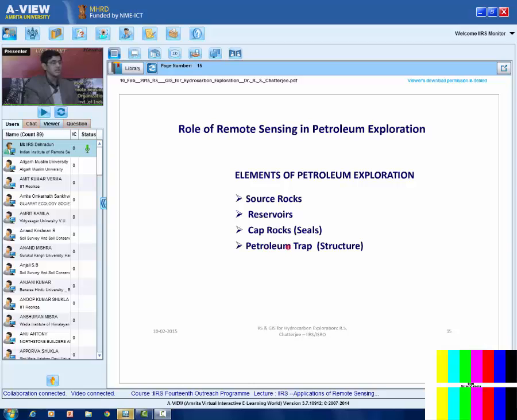If you don't get this geometrical configuration, then it cannot accumulate in a large volume. That is why some geological structure or some very typical stratigraphic setup is required. A sedimentary setup is required where this petroleum trap can be developed, where the oil and gas can be accumulated and capped by an impermeable rock cover.